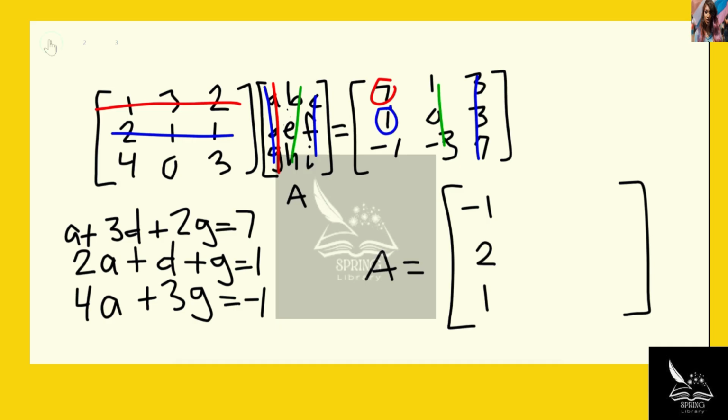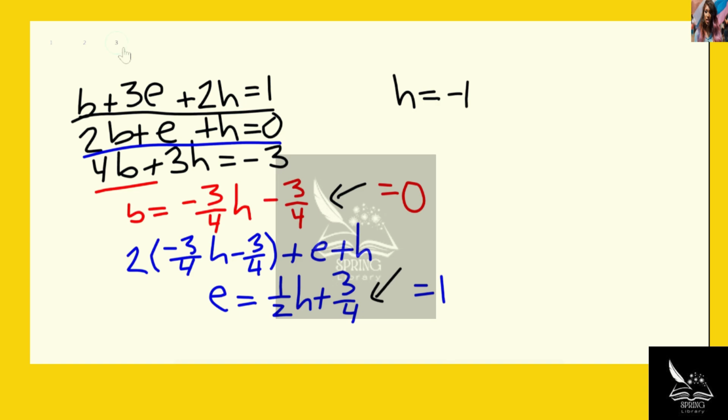Right, so we can go back here, and so we see that B is equal to 0, E was equal to 1, and H is -1. Then we just have one last system to solve, and this one's actually kind of nice. You can go ahead and use solving by inspection, I think.